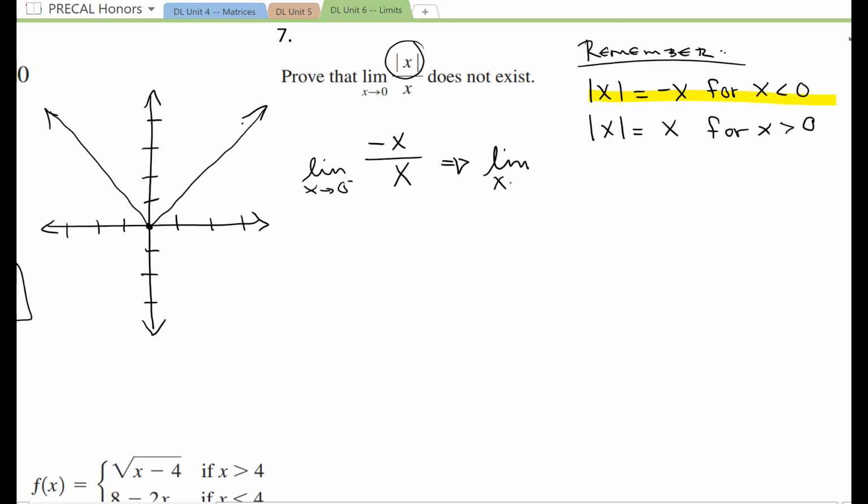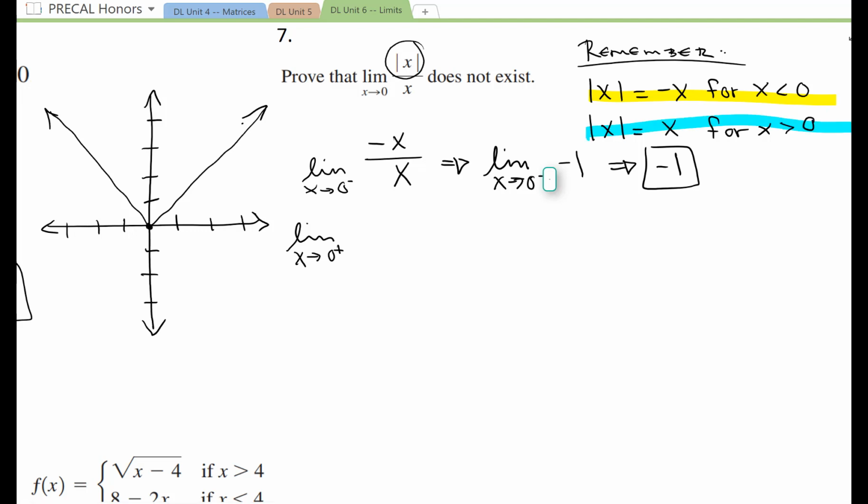This is equal to the limit as x approaches 0 from the left of negative 1. The limit of a constant is just that constant. Now when we're approaching it from the right side, we use the second piece of the piecewise function because now we're looking at the right side, the positive side.